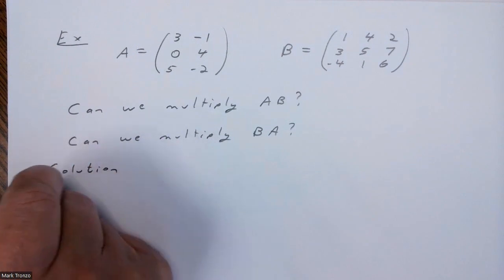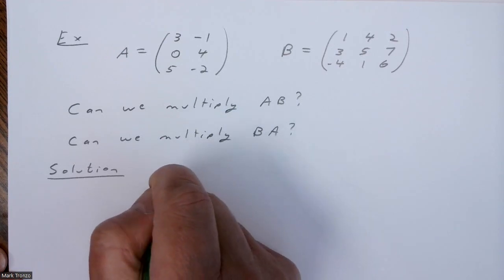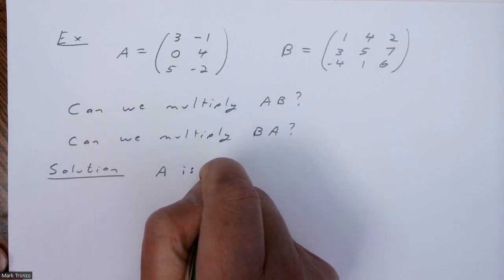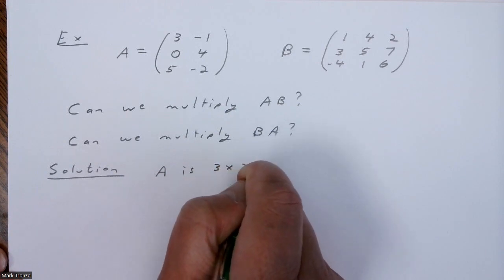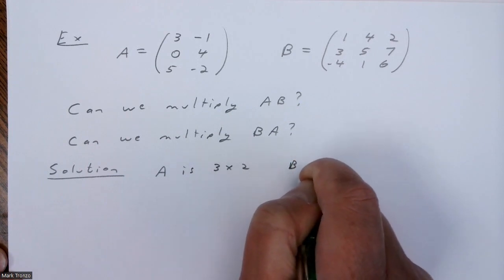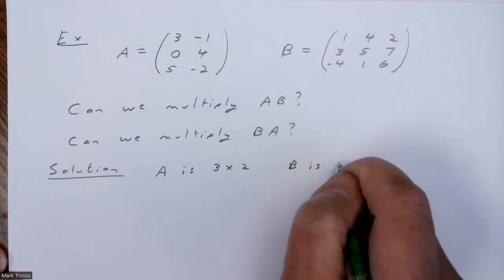So, solution. Again, what do we have? A has 3 rows and 2 columns, so it's a 3 by 2 matrix. B is a 3 by 3.